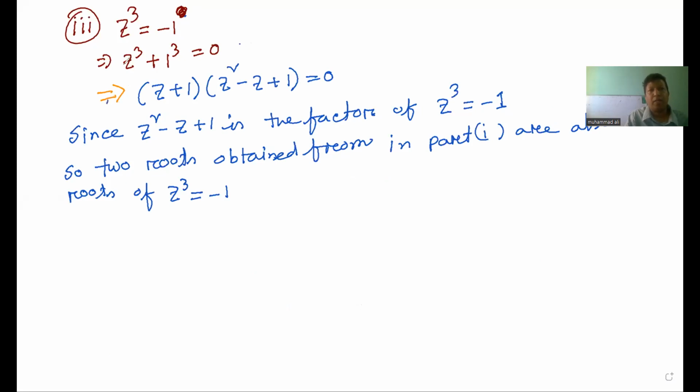So we use the a cubed plus b cubed formula, which is a plus b into a squared minus ab plus b squared. Since z squared minus z plus 1 is a factor of this, the two roots we previously found in part 1 are also the roots of z cubed equals minus 1.